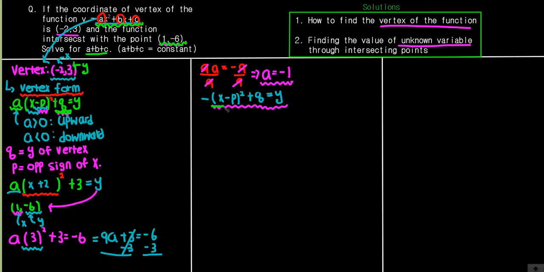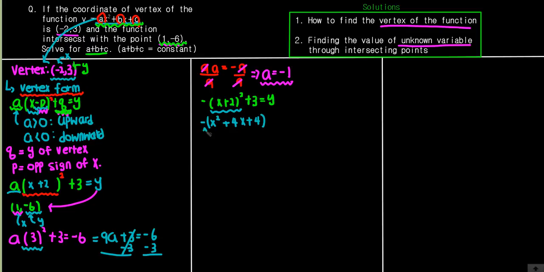So, if we extend this, we're going to have negative, and then x minus p squared. We know our original function that we got, which is negative, and then x plus 2 squared plus 3 is equal to y. So we still have negative, and then x plus 2 squared is x squared plus 4x plus 4.